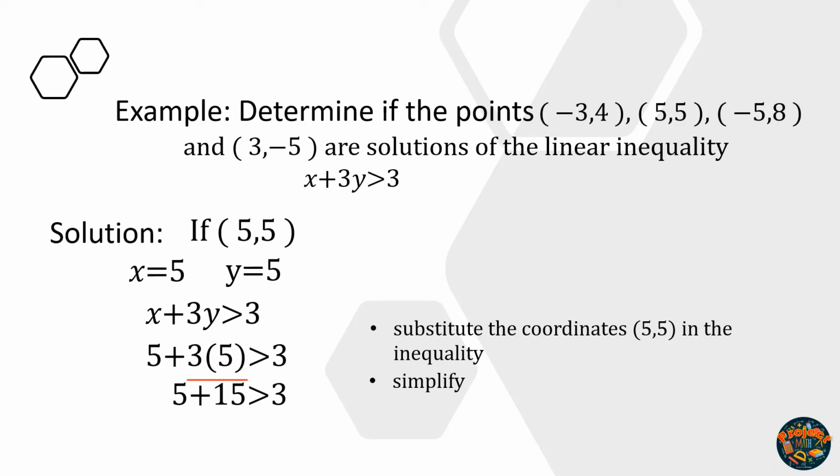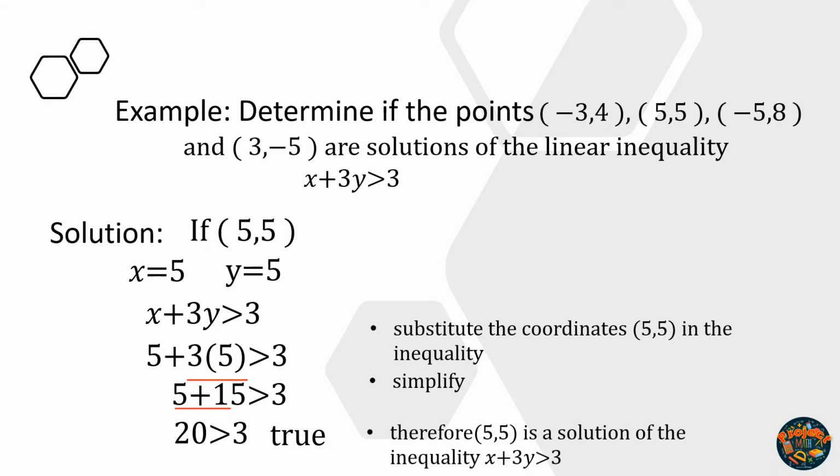So we have 5 plus 15 greater than 3, and 5 plus 15 is 20. So 20 is greater than 3. So the statement is true. Therefore, (5, 5) is a solution of the inequality x + 3y > 3.